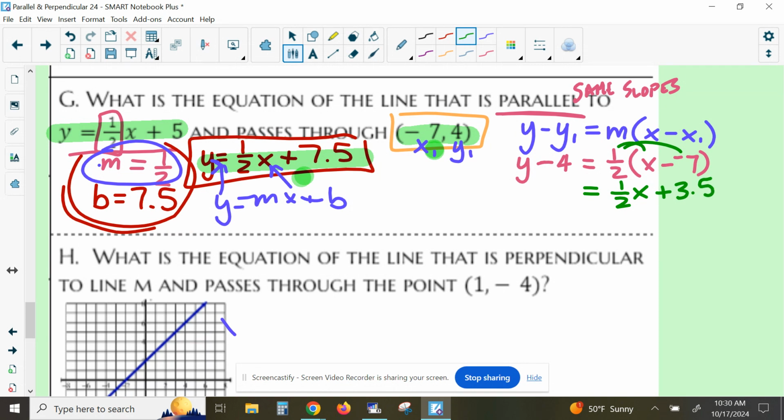I fixed my minus negative to plus. On the other side, I still just have y minus 4. All I'm doing is some simple algebra. Okay, now does this look like y equals mx plus b yet? What's got to go? Got minus 4, so that means I do plus 4 on both sides. Put him under his bestie over here. Who's his bestie? This 3.5.